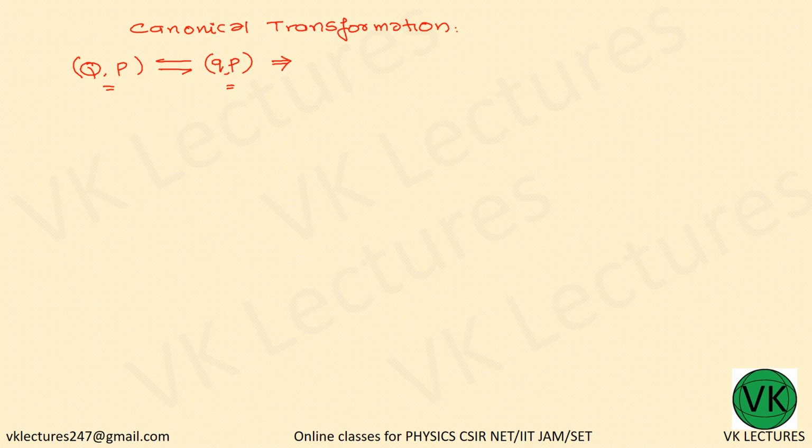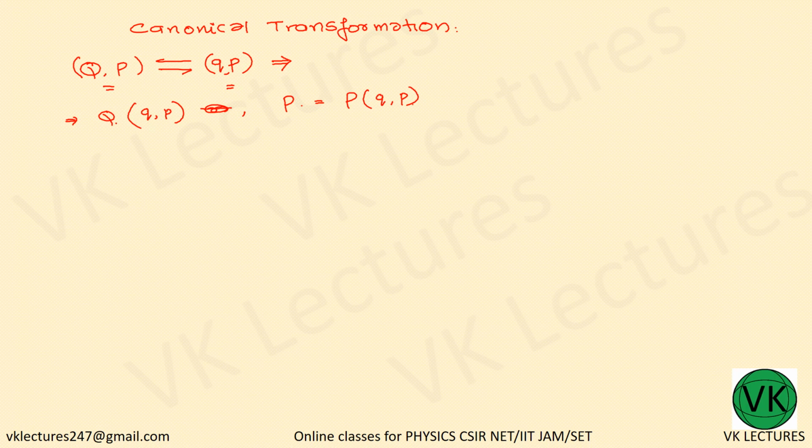That is done through a transformation called canonical transformation. Let's understand that capital Q, which is a function of q comma p, and capital P, which is again a function of q comma p. So this is what we know.